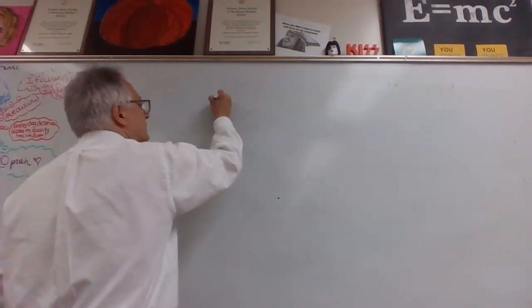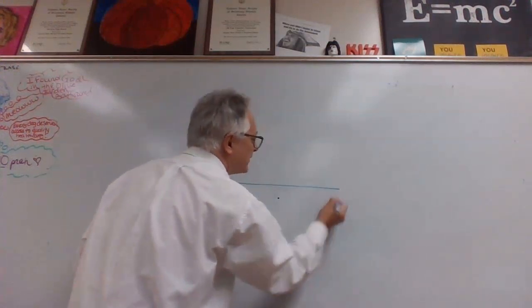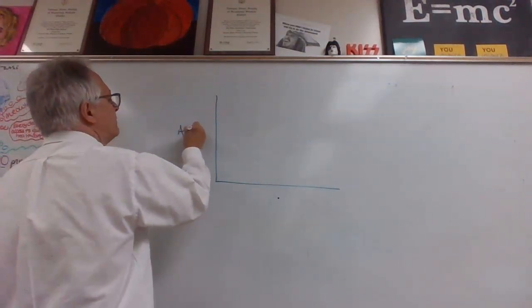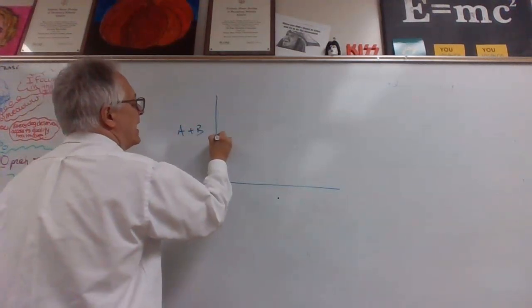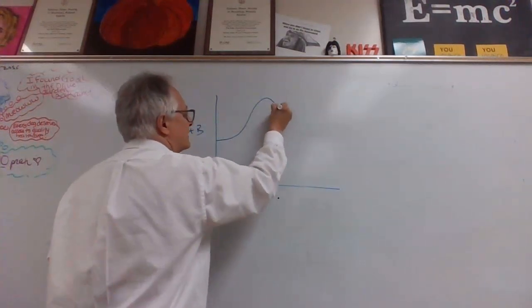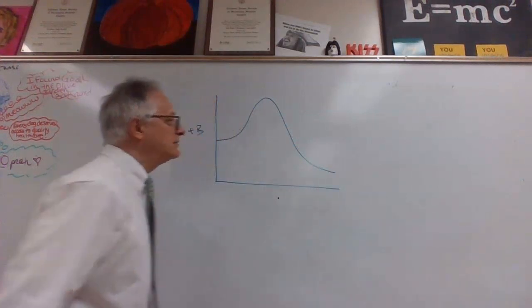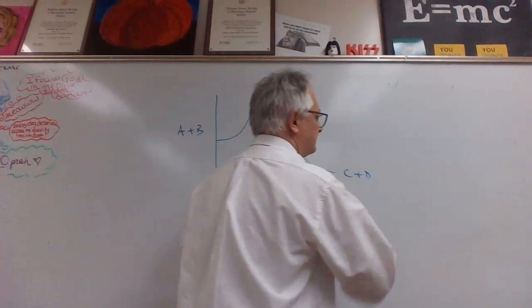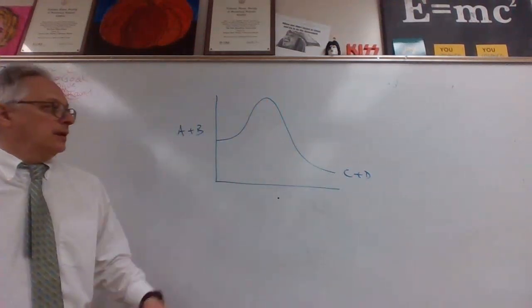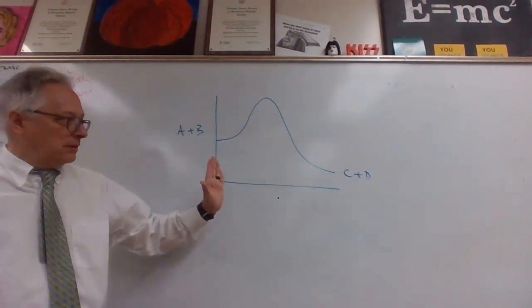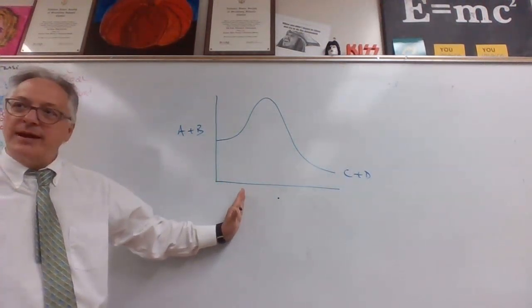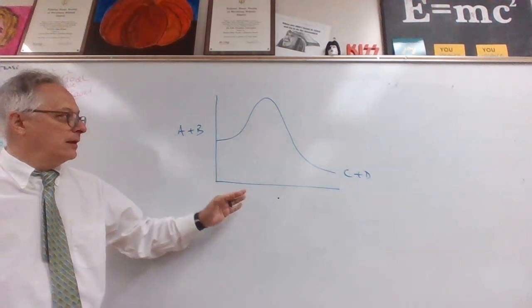I told you that there's something called activation energy. I could have A plus B over here, and we have to have some activation energy to get past that hump to get our product C plus D. Now, we can get a lot of information from an activation energy diagram.